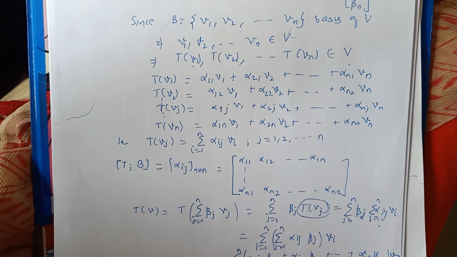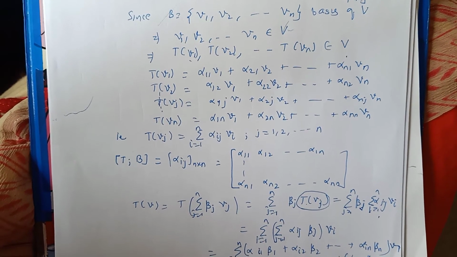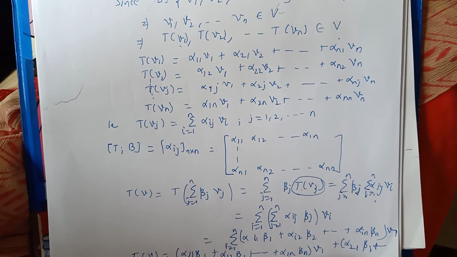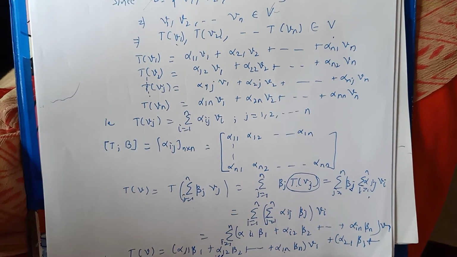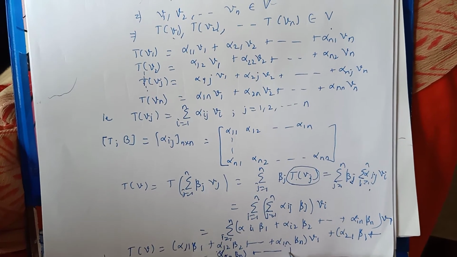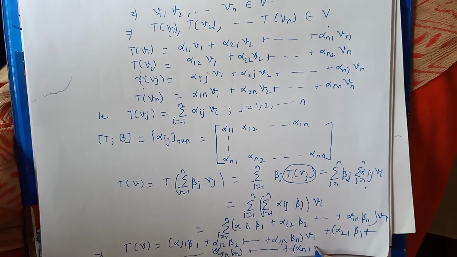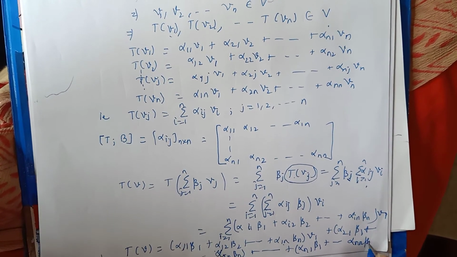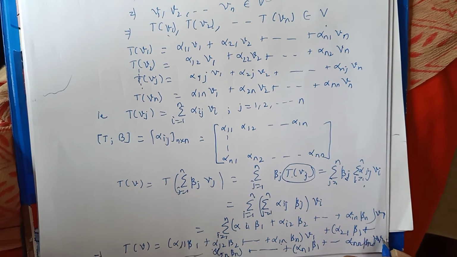I have substituted i as 1, then i as 2, and so on. I have substituted i as n, so it will be like this, up to the term with vn.